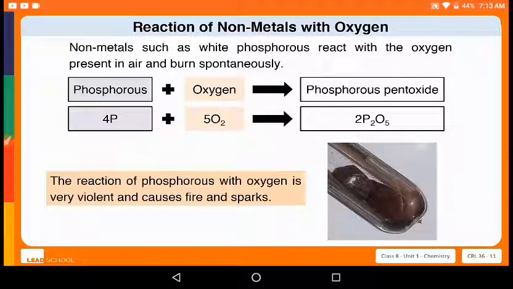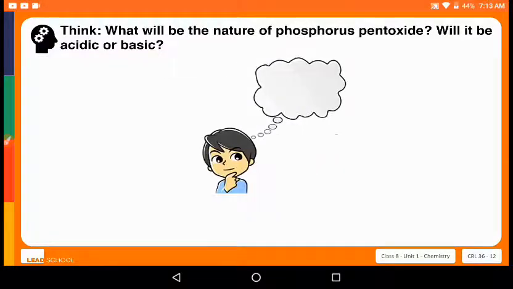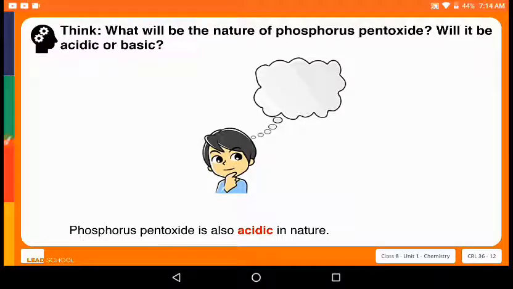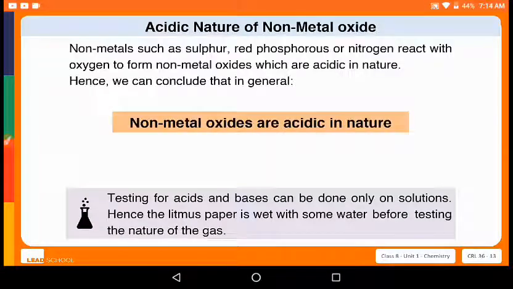It causes fire and sparks. Can you guess what will be the nature of phosphorus pentoxide? Will it be acidic or basic? Phosphorus pentoxide is also acidic in nature. So, in general, we can conclude that non-metal oxides are acidic in nature.